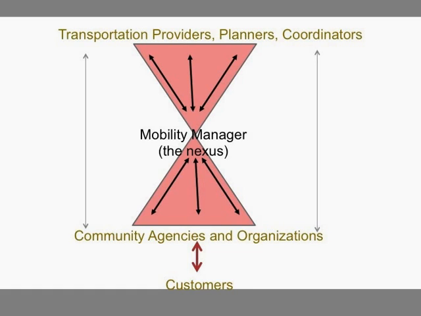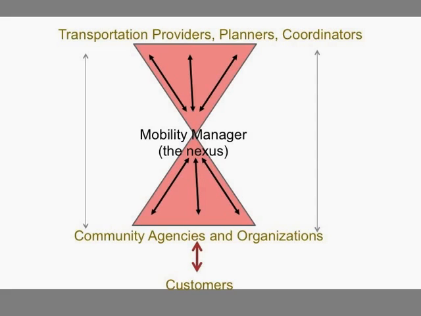The information they collect and, through the mobility manager, contribute to efforts to plan transportation options can help to make those options more responsive. Data on trips that people are unable to make can be some of the hardest data for transportation planners to find. The mobility manager can become the point person for collating that data and sharing it with the appropriate partners.